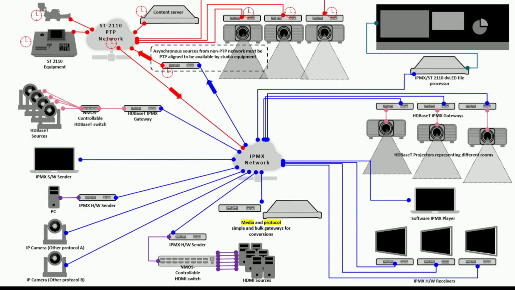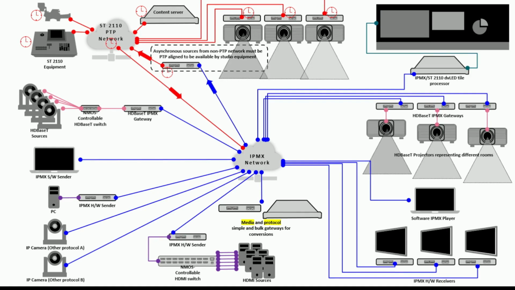Another thing that is occurring is because of the portability of content from studio to Pro AV distribution, other types of products are popping out that are also quite useful. So there are gateways that are emerging that are allowing us to deal with either uncompressed to compressed conversions, or codec A to codec B conversions, or timing conversions.